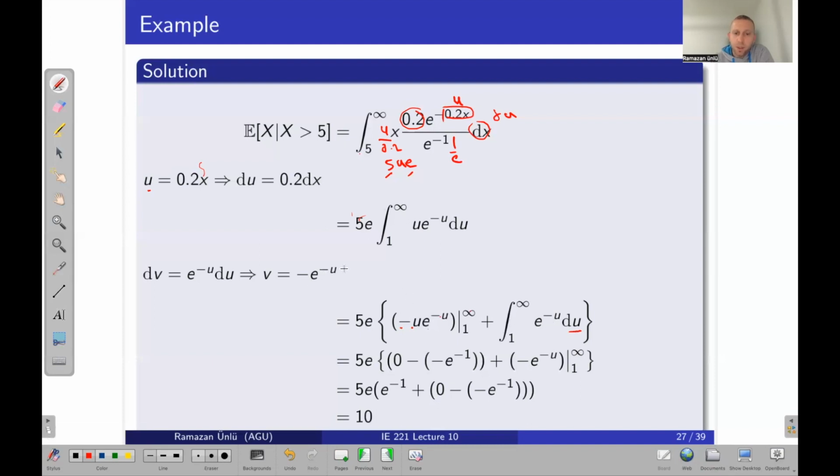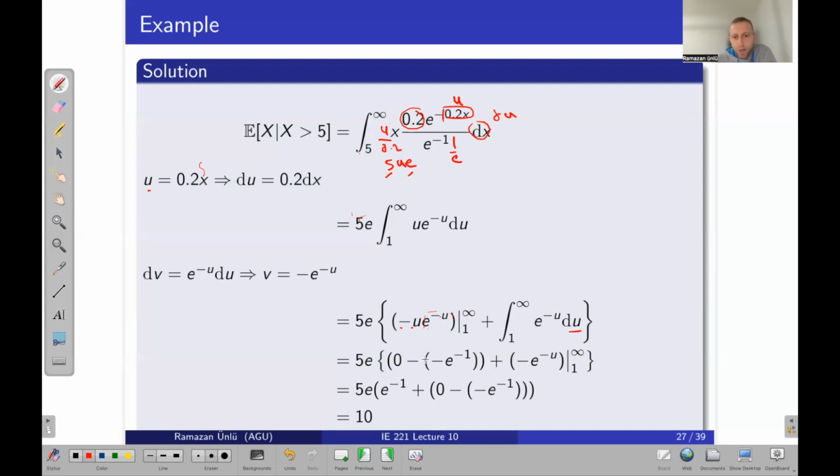Minus e to the minus u. Two minuses will be plus, so that will be plus. If we evaluate, the first term at infinity will be 0, because e to the minus u decreases much faster than u grows, so that will approach 0.